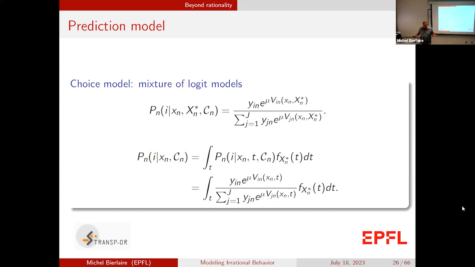So that's the challenge. If you want to model behavior, in particular subjective behavior, you end up with very complex models. They are sophisticated, they work well, they predict quite well. Actually, there's some validation that you can do, but if you want to use them in optimization, that's complicated. So this is really the challenge that we are facing.